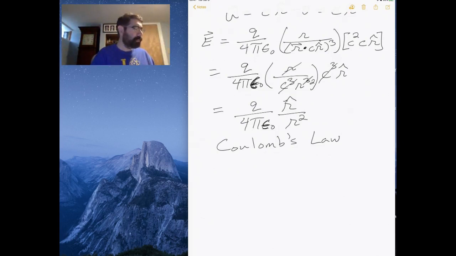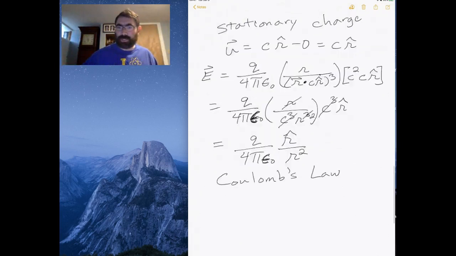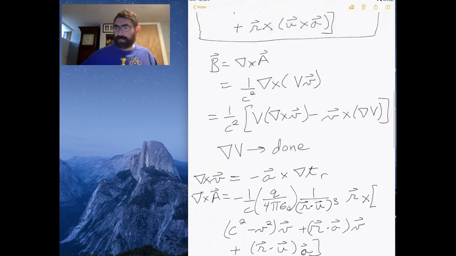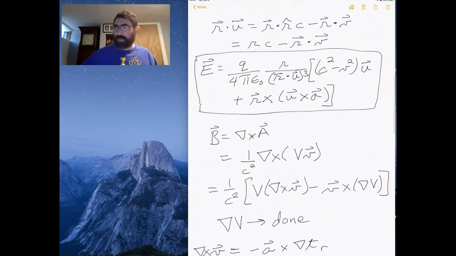So in the end, if I go back and show you this electric field equation, what I have is this term here, which I've boxed in red, is the generalization of Coulomb's law.